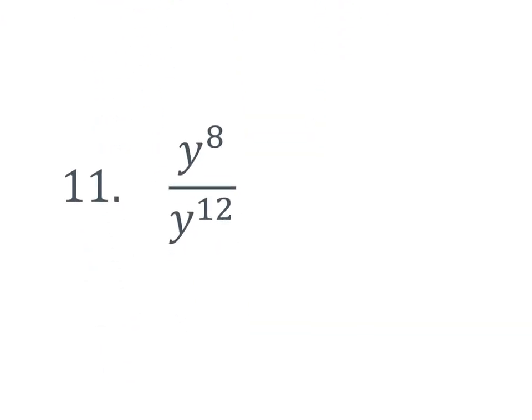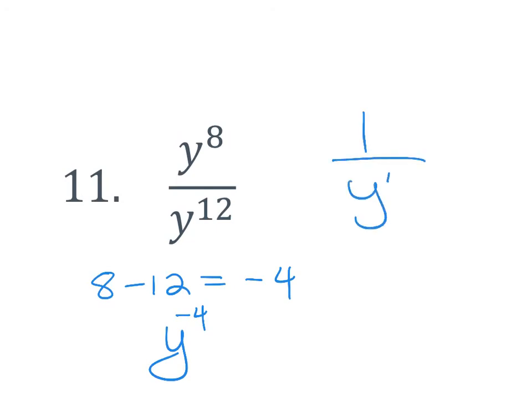Here where the top is smaller than the bottom, again, if you subtract, notice you're getting a negative 4, so this would be y to the negative 4, which tells you that it's 1 over y to the 4th. Again, you could write out 8 y's on the top, 12 y's on the bottom, and cancel them, and you would see that there would be 4 left in the denominator.